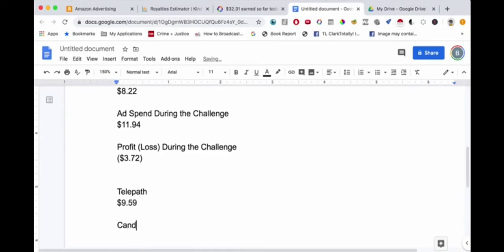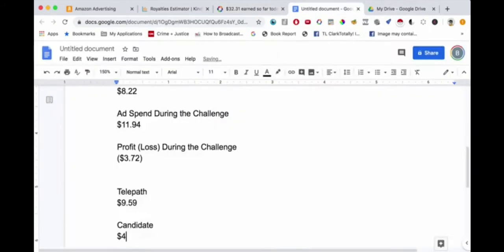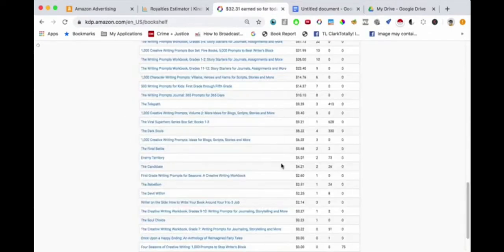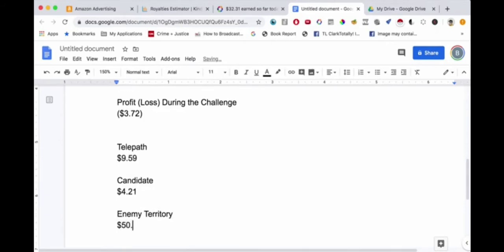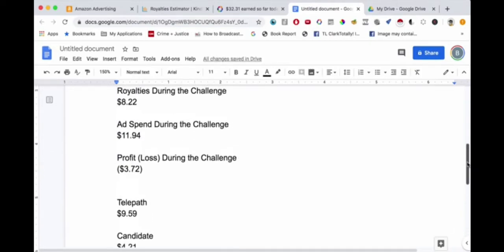Candidate, I earned $4.21. And there's 7 books in this series, but I'm just looking at the next few. Enemy Territory, $5.07. This is why you need to look at the whole series.